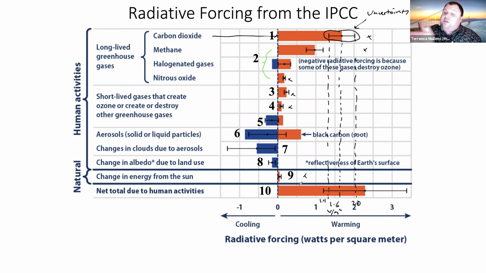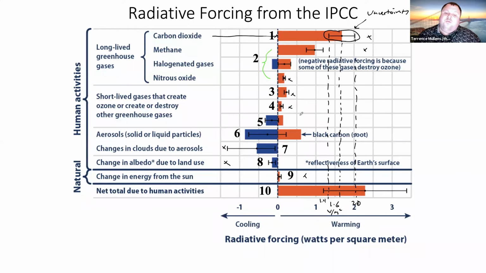Now, a few of these bars lie entirely on the negative side, specifically line items 7 and 8, changes in clouds due to aerosols, changes in albedo due to land use. Both of those are big blue bars entirely on the left-hand side of the 0 line. These are negative forcings, meaning that these have actually had a cooling effect.